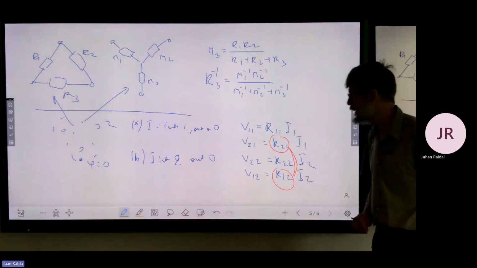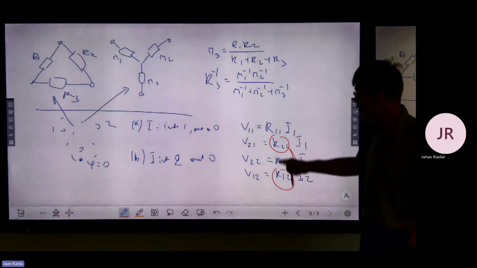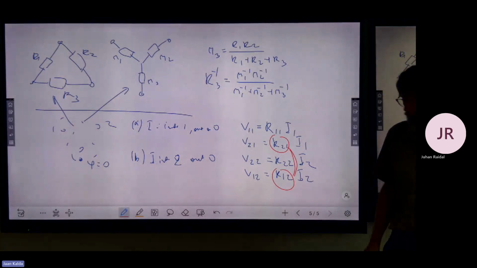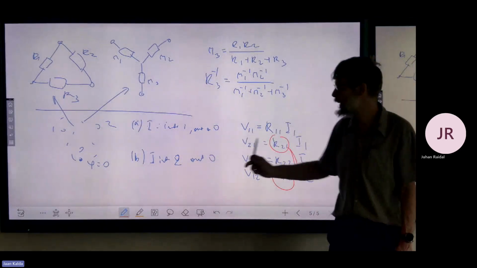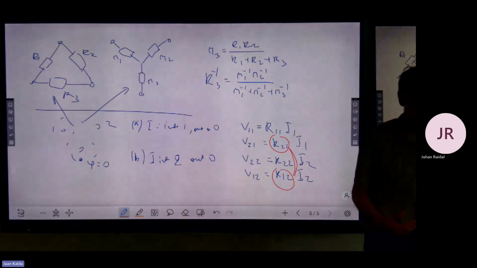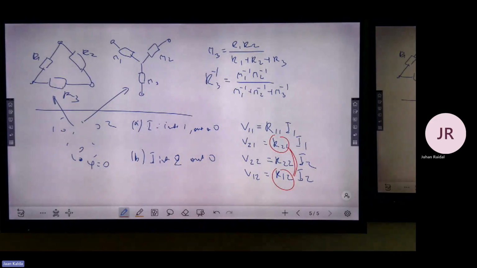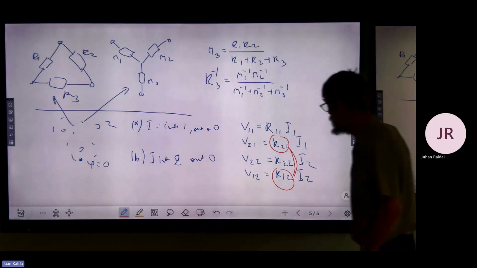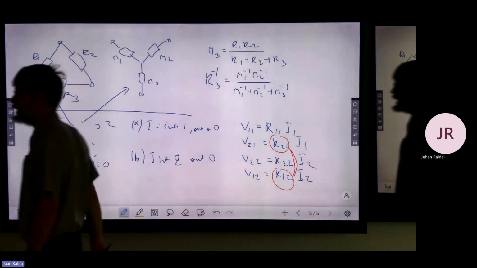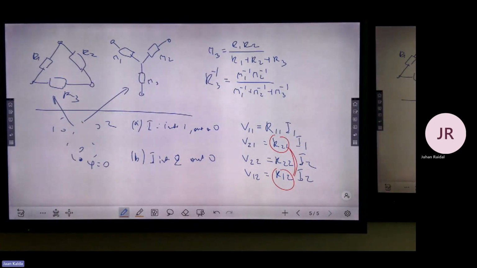And so we have 3 left. So this circuit is parameterized by three parameters that have dimension of resistance, and here we have also three. So meaning that for arbitrary response, we need to just have equations for three unknowns here.